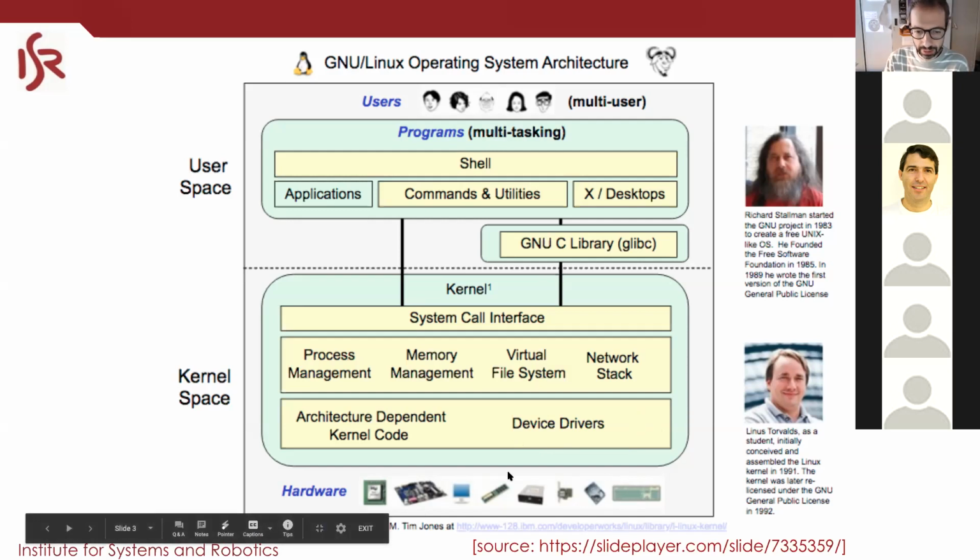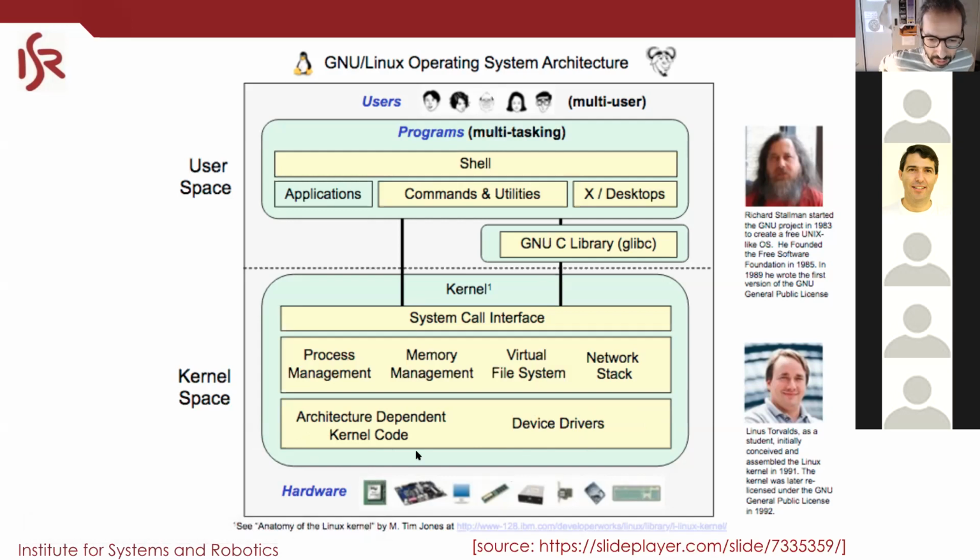The kernel is the first thing that is loaded and starts being executed when Linux starts. It has some architecture-dependent kernel code, which depends on the CPU and the hardware that you have. Besides that, inside the kernel, which is monolithic, it has modules, but it is a chunk of the operating system.